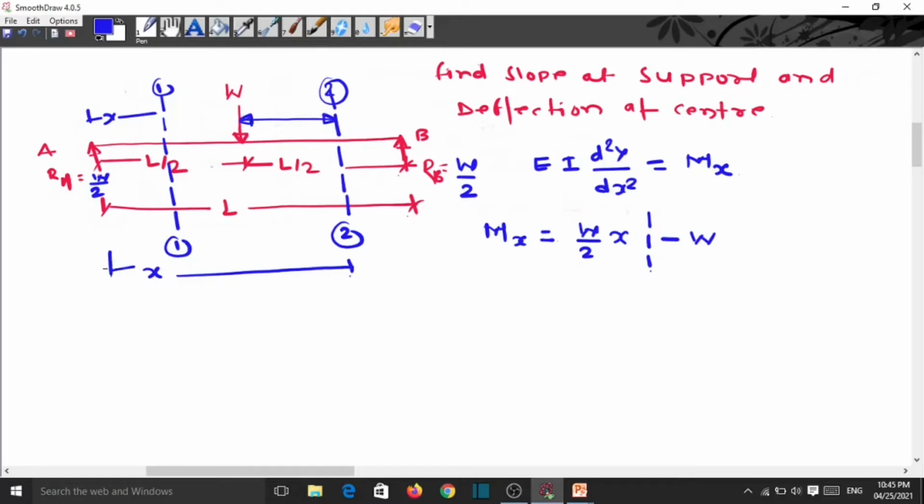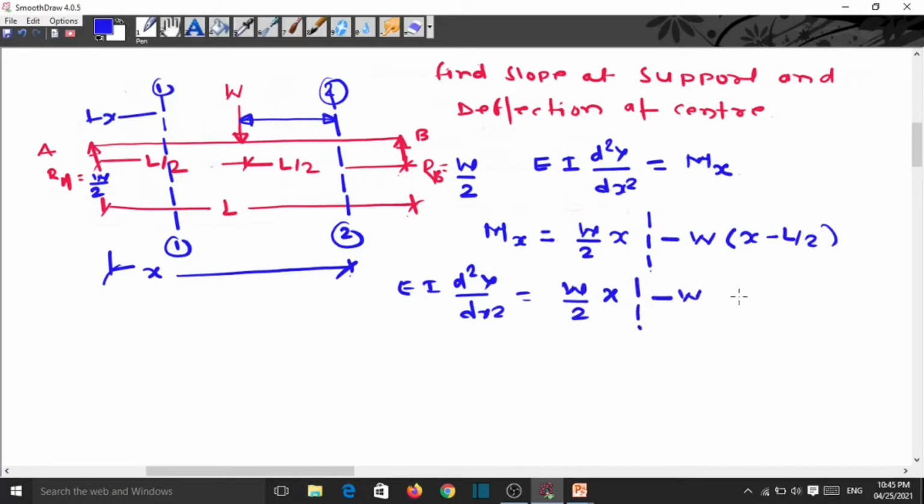We know this total is x and this is L by 2, so this becomes x minus L by 2. Then EI d2y by dx square is equal to W by 2 into x, which is the portion for the first section. Then the second section.